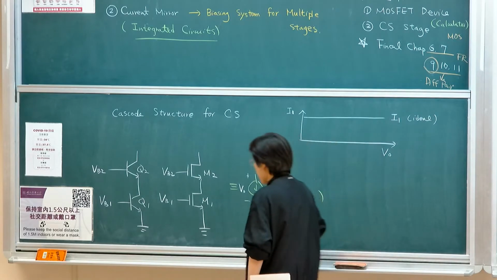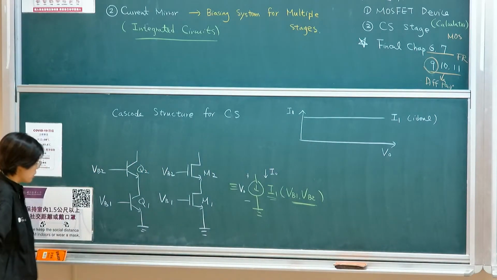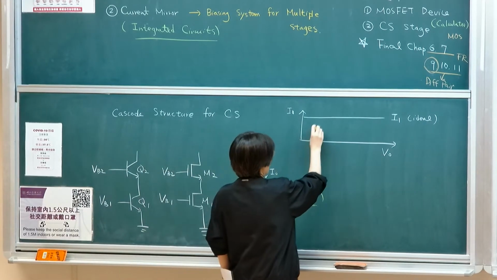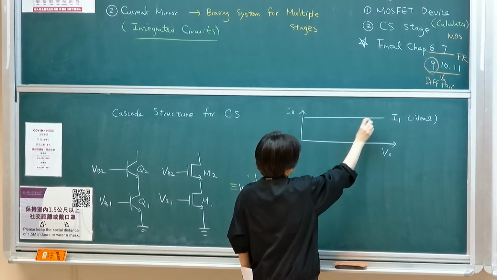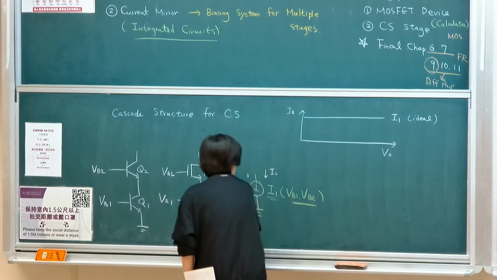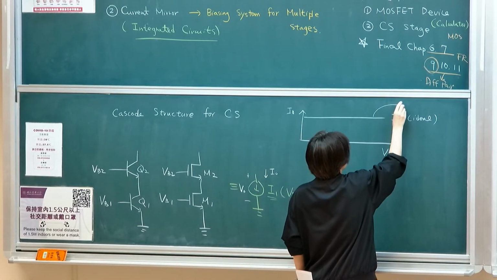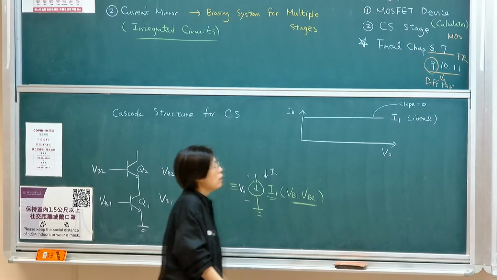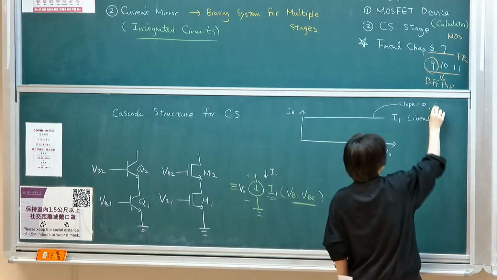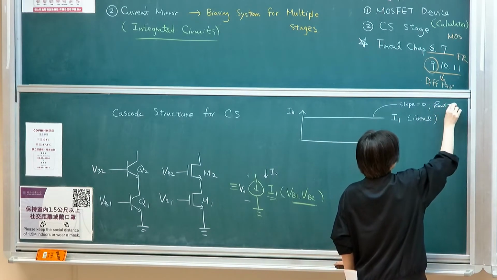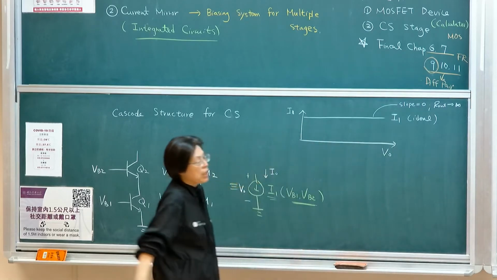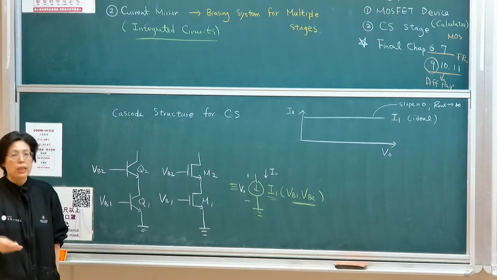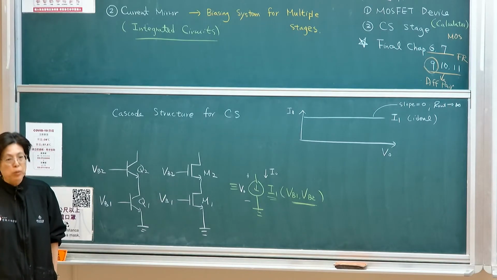So we're going to look at what happens if you're using a cascode current source. It basically has two limitations. One is that it will have a finite slope, which means that it's not a flat line. The slope equals 0 for the ideal case, which means your output resistance is infinite, which by definition of a current source means that its current does not change with bias condition.